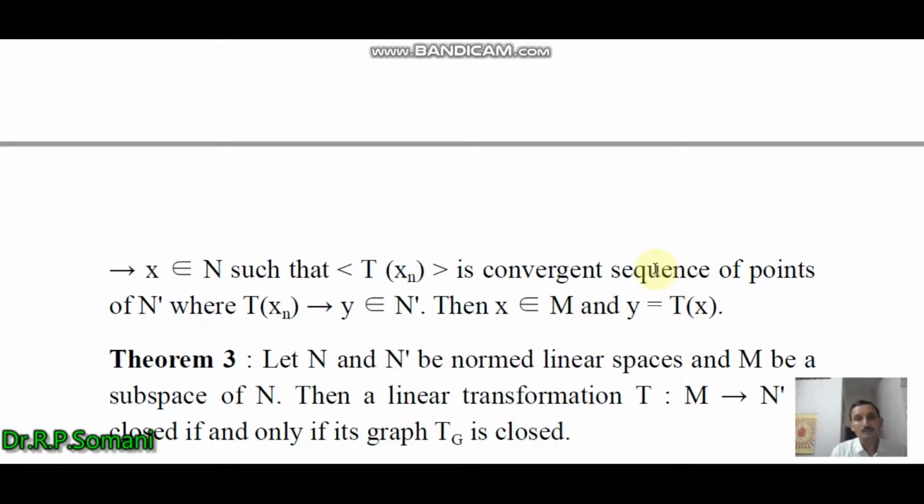Such a transformation we call a closed linear transformation.